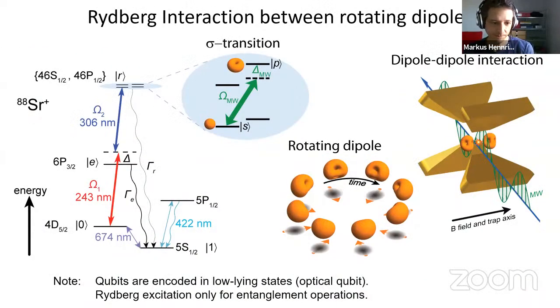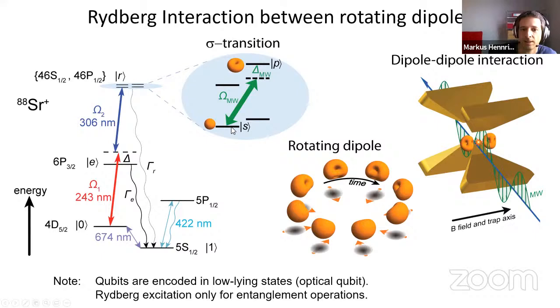So what we then do is we have the same scheme as before. We have our qubit, where 1 is our 5s1/2 ground state, 0 is our 5d5/2 metastable state, and we do this two-photon excitation into the Rydberg state, and the Rydberg state is now such a microwave dressed Rydberg state.